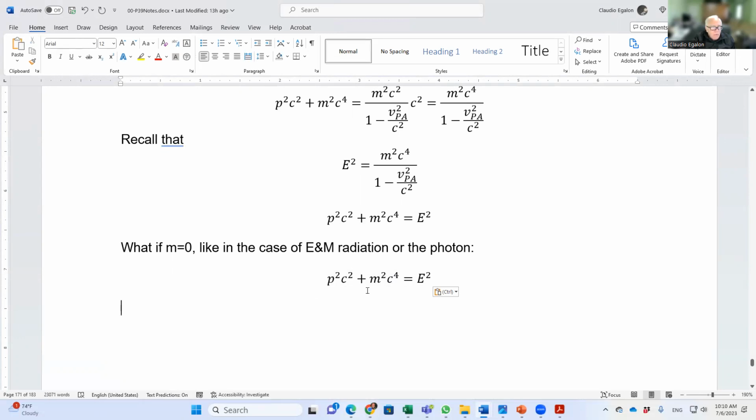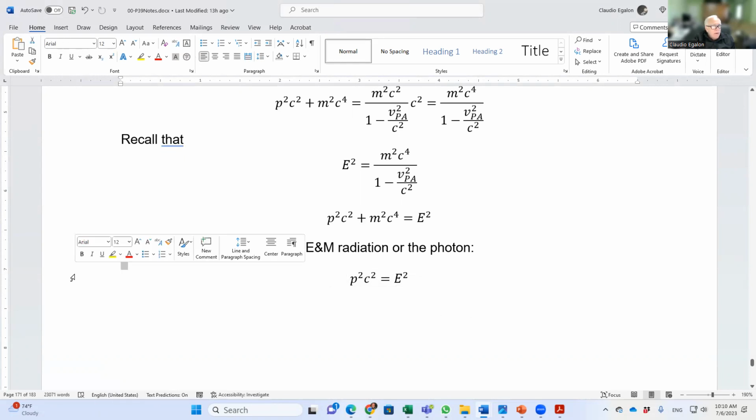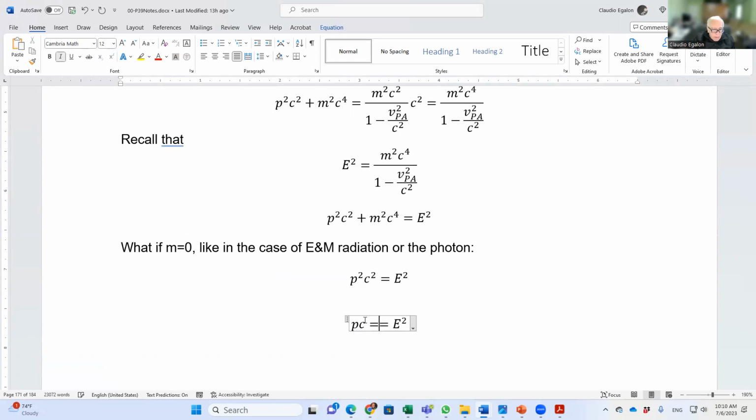Mass of the photon is 0. And that's the relationship that we get between momentum and energy: pc equal to E, or E equal to pc. So the photon is going to have a linear momentum that's given by its energy divided by c.